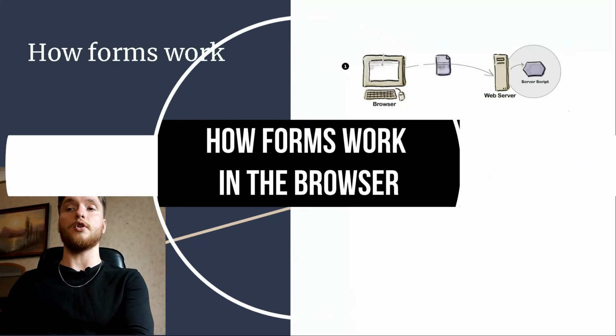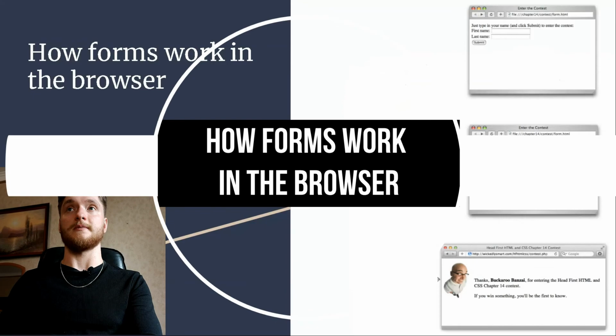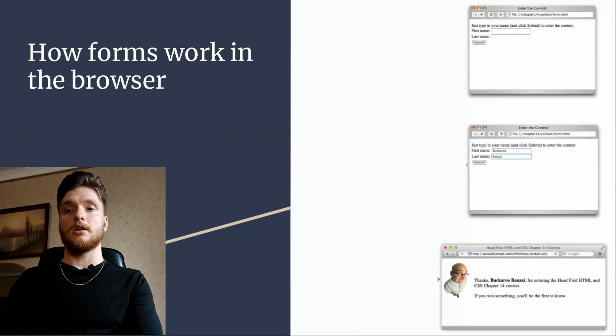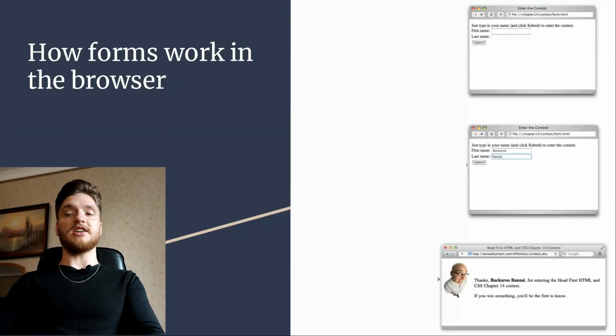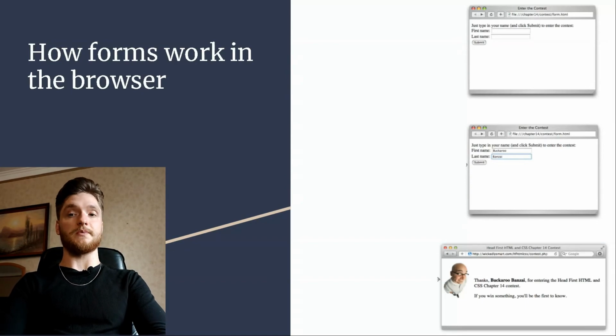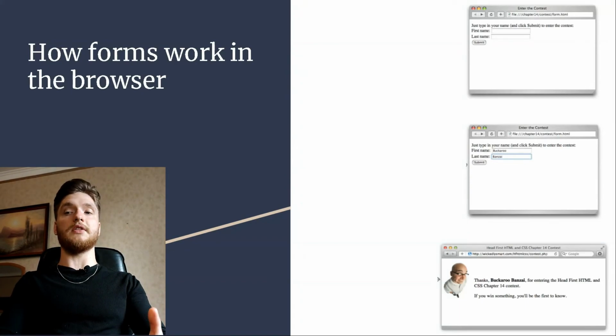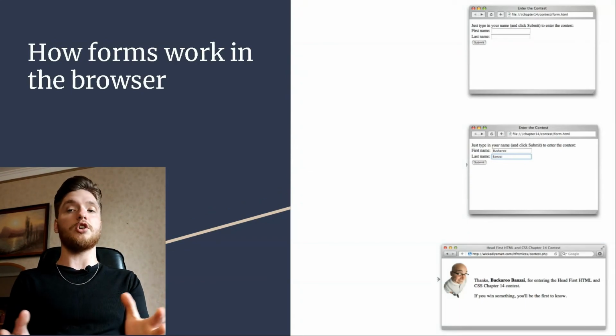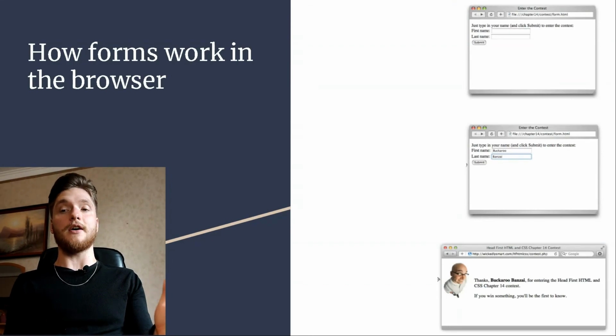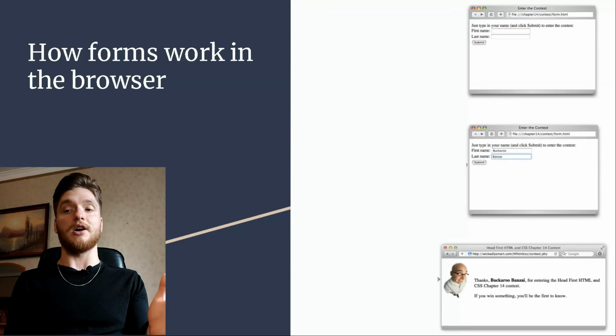Okay, how do forms work in the browser? To a browser, a form is just a bit of HTML in a page. You'll see that you can easily create forms in your pages by adding a few new elements. Here's how a form works from the browser's perspective. The browser loads the page.